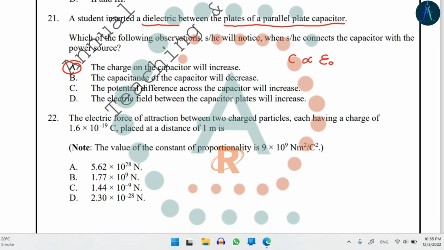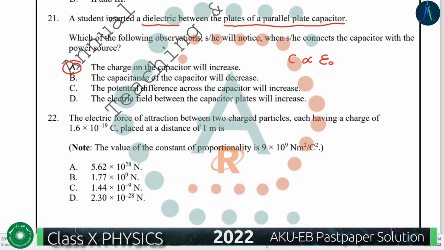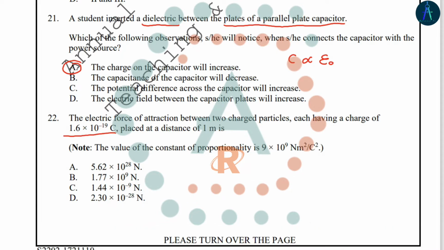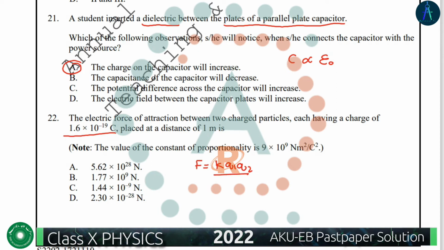Question number 22: the electric force of attraction between two charged particles, each having a charge of 1.6 × 10^-19 coulomb, placed at a distance of 1 meter, where the constant of proportionality is 9 × 10^9. We know that force equals k Q1 Q2 over r squared.